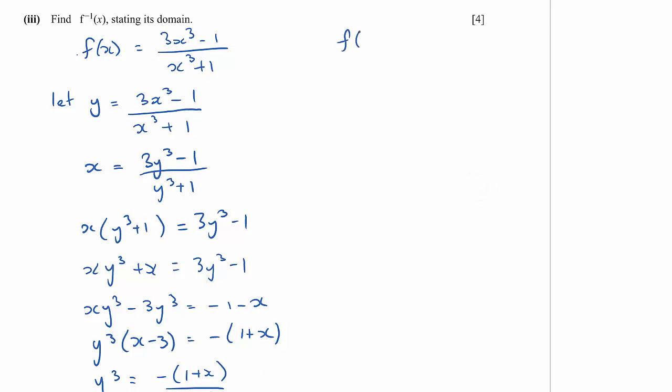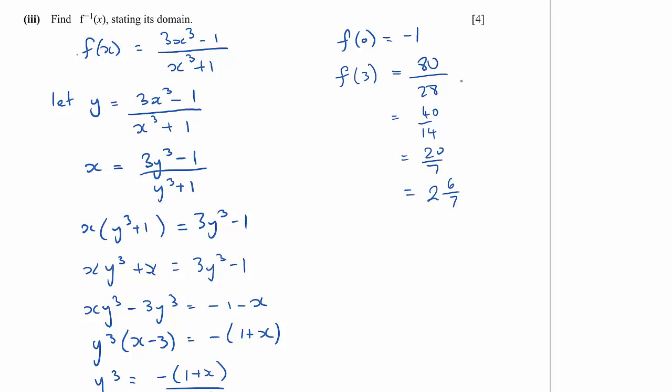So f of 0 would be negative 1, and f of 3 would be 3 cubed, 27, so 3 times that is 81, take away 1 is 80, over 28, which is 40 over 14, which is 20 over 7, which is going to be 2 6/7.